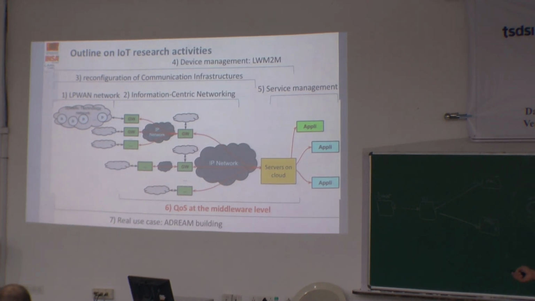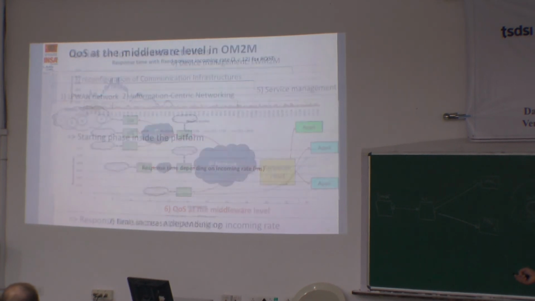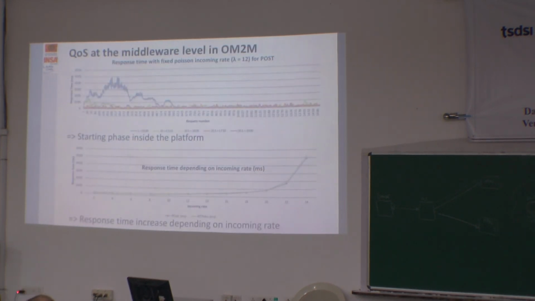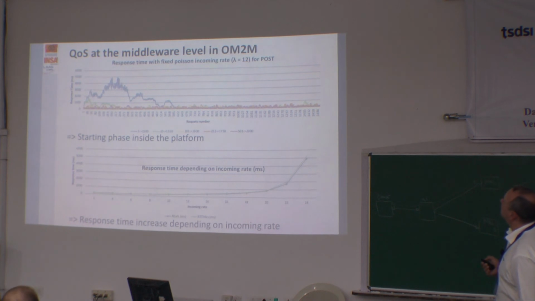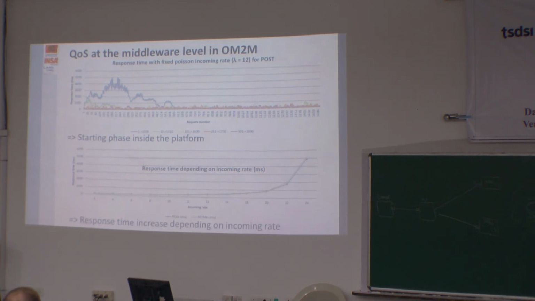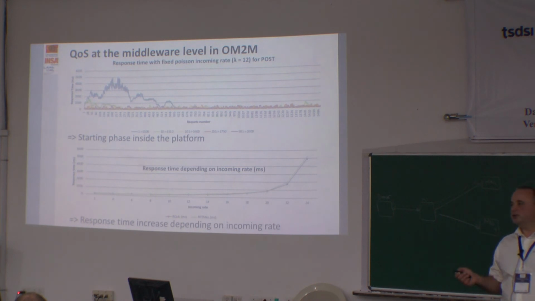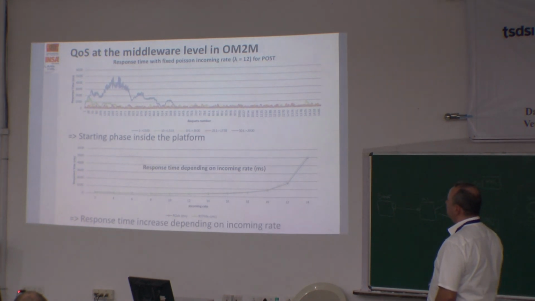So we also work on quality of service inside OM2M. So just a few results. This is a post made on the OM2M platform, and we saw that, for example, at the beginning, when we start to make some posts to change the value and create a new content instance, it takes a long time sometimes for some requests, and after it's always the same.